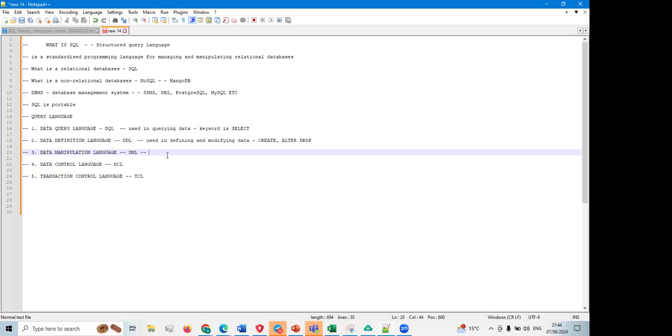We don't use these in non-relational databases, okay? So data manipulation is used for managing data in a schema.